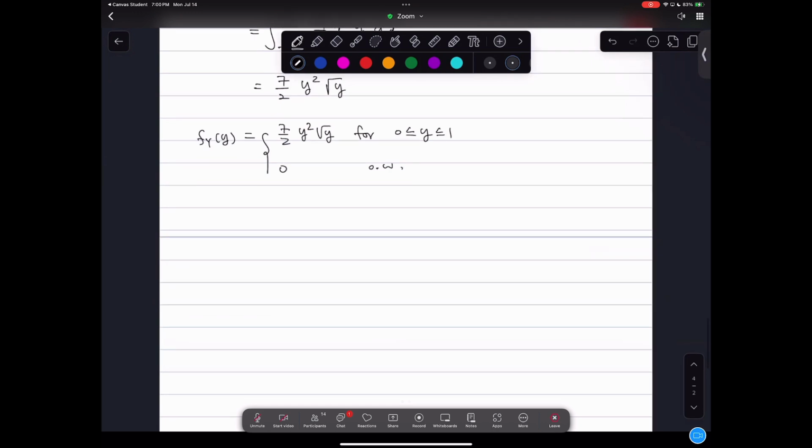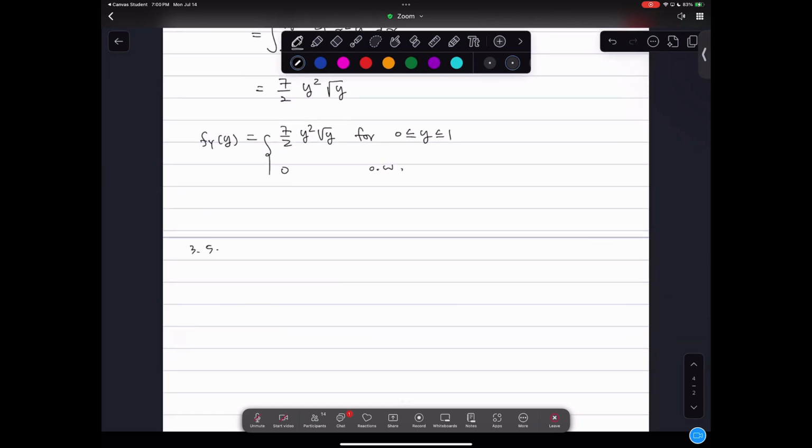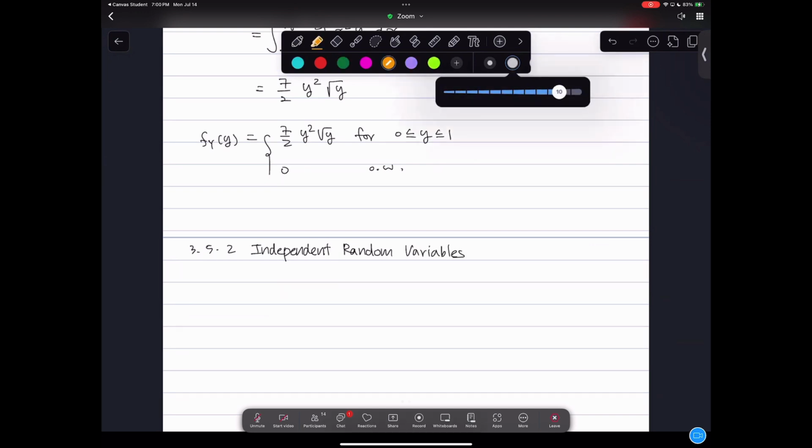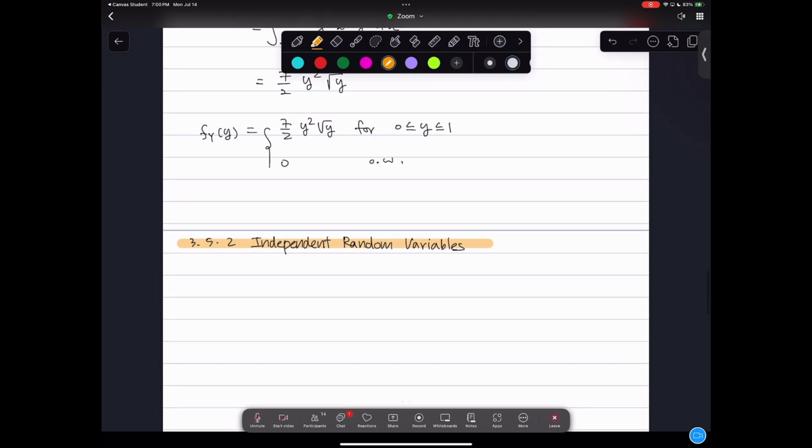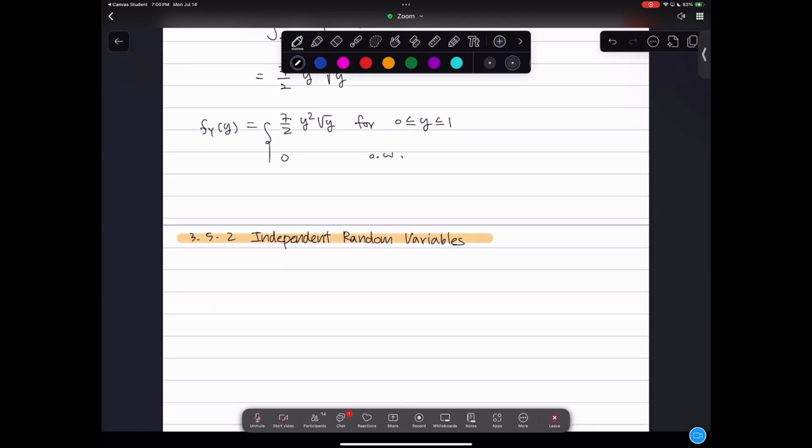Let's get 3.5.2. Independence one more time. We saw this a long time ago. So let's get the definition. 3.5.2.